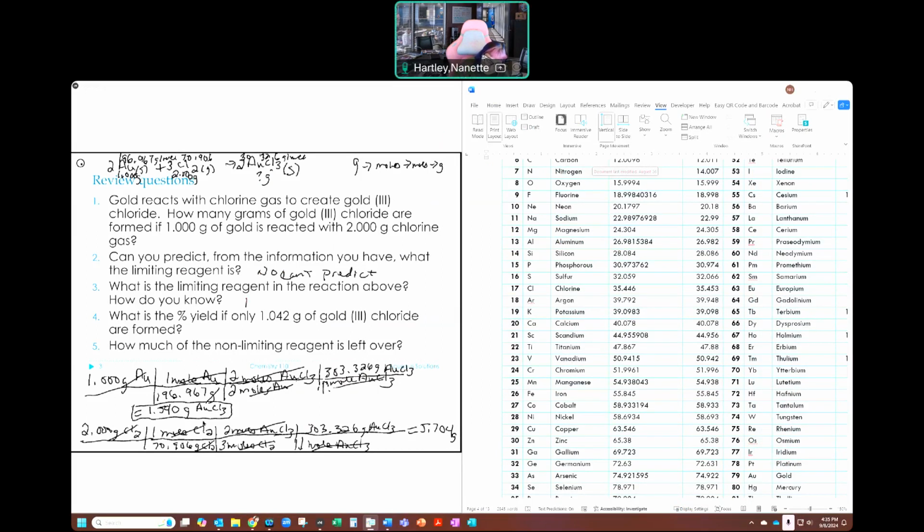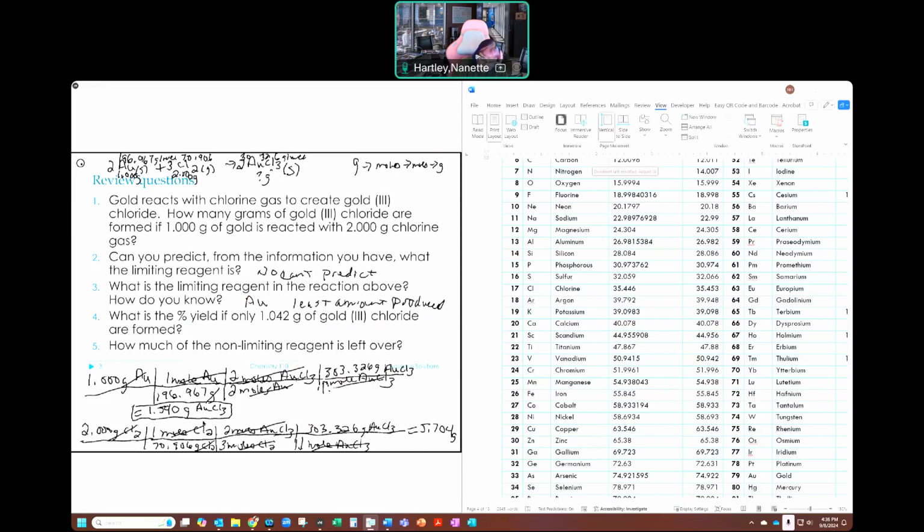The limiting reagent is Au, and I know that because least amount produced. Now I predict that I'm going to make 1.540 grams of AuCl3.